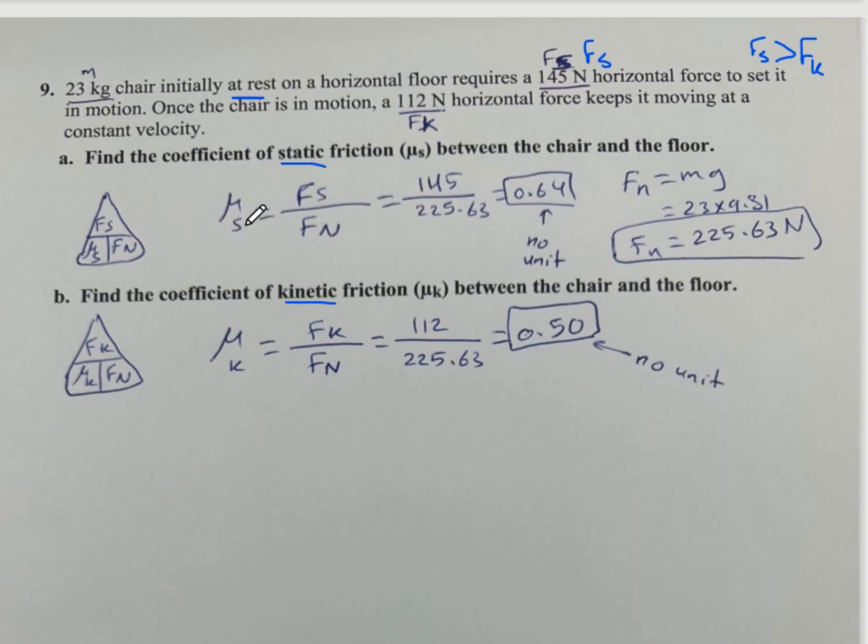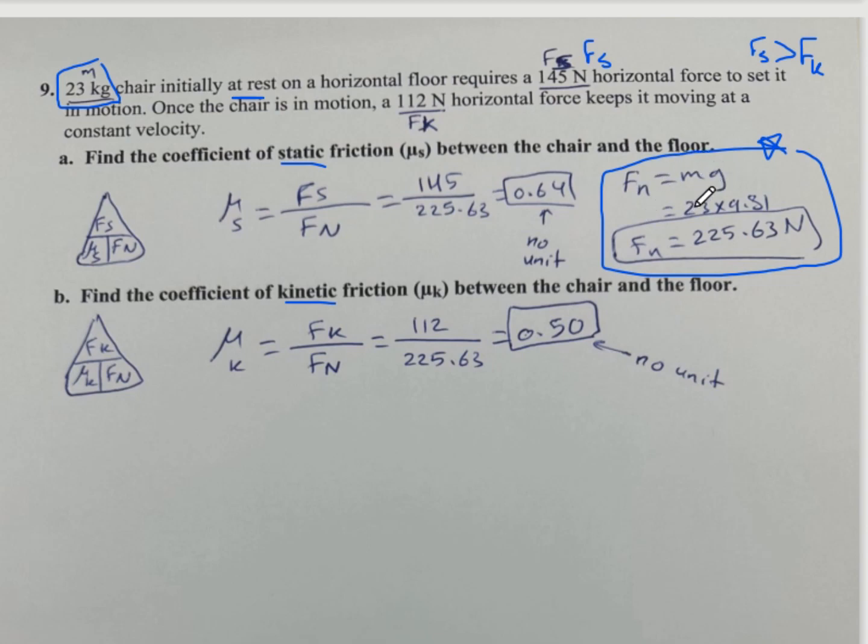We don't have Fn, we have the mass. Can you find Fn from mass? Yes. First of all, you have to find Fn, and then you substitute directly. Fn, the normal force, is equal to the gravitational force, so Fn equals mg.